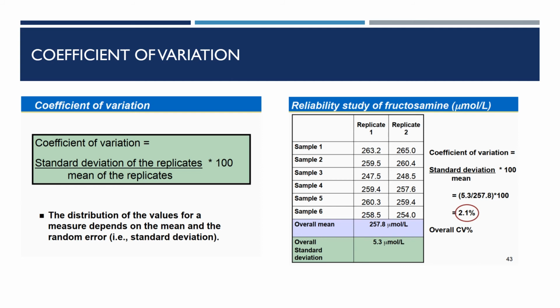So the lower the CV percent, the higher the reliability of the test is. In epidemiologic studies, we usually want the coefficient of variation below about 10%, but for laboratory studies, which may require higher reliability, we may require the coefficient of variation below 3%.